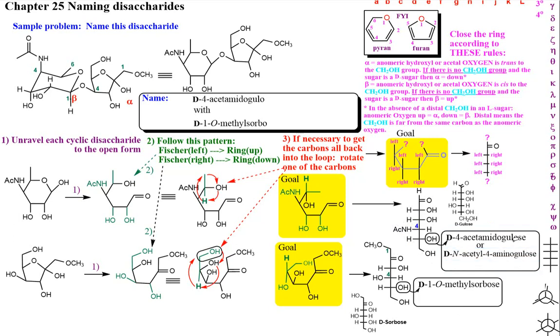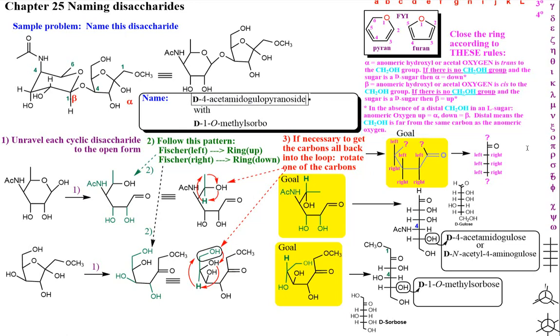So what I've done is I've transferred this up to here and got rid of the ending because it's no longer an open form. It is a six-membered ring, pyrano, and it's an acetal, so it's a glycoside.